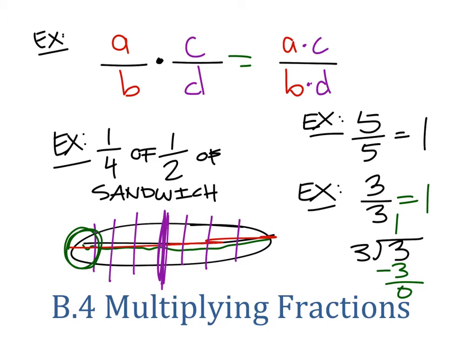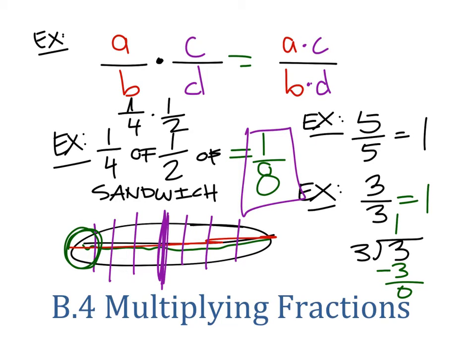Well, that's one part out of how many? 4, 6, 8. 8 pieces, yeah. Right there. Well, that's the same as taking 1/4 and multiplying it by 1/2. So looking there at the top, right, I did 1 times 1, which is 1. And then on the bottom, I did 4 times 2, which is 8. 1/8.